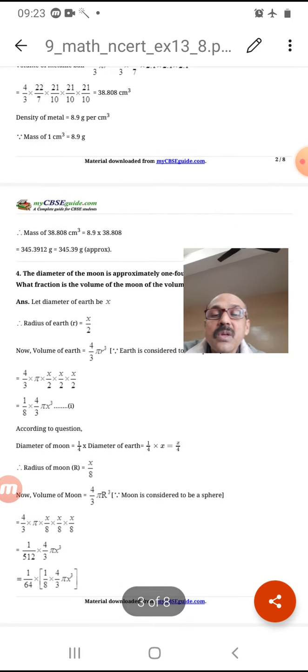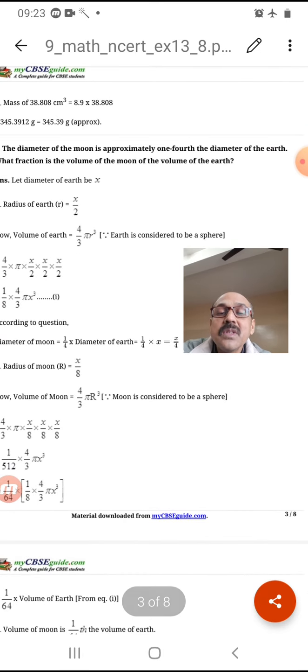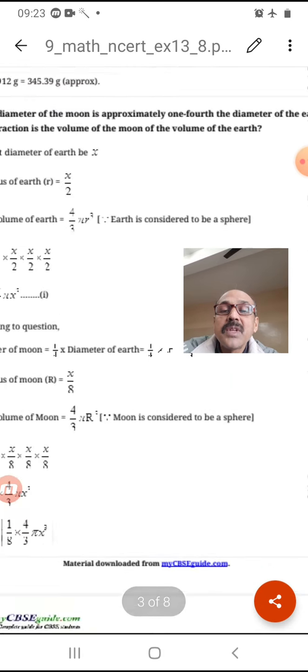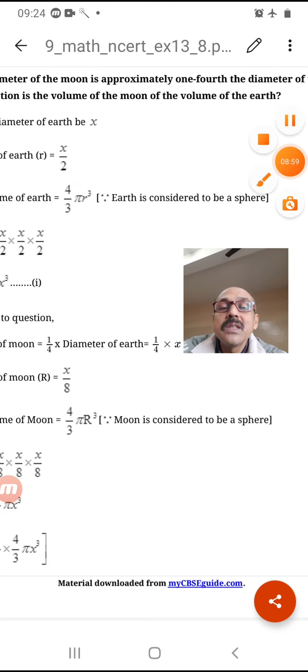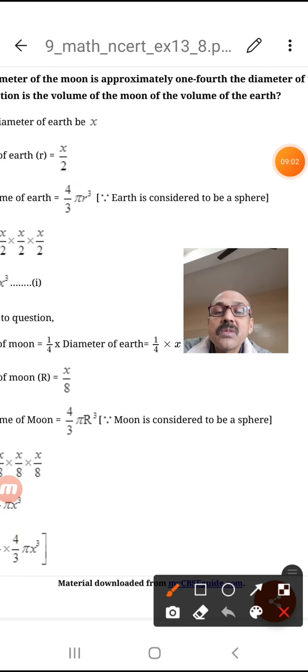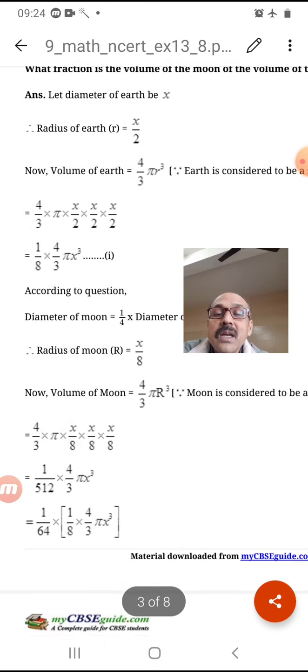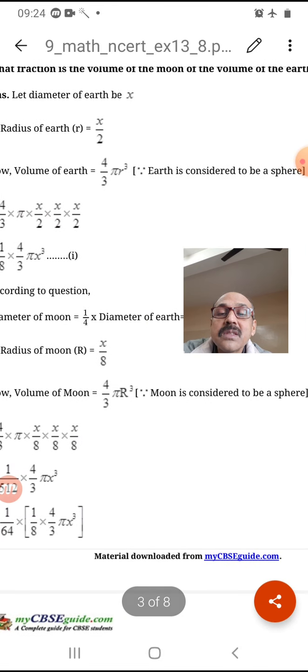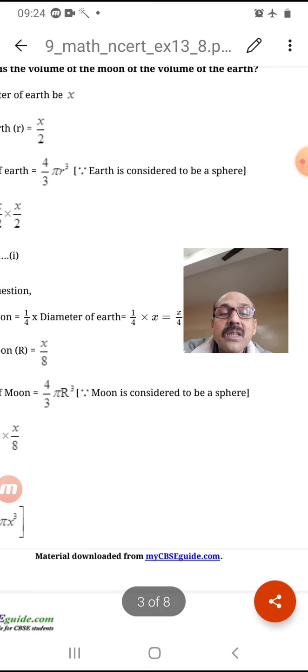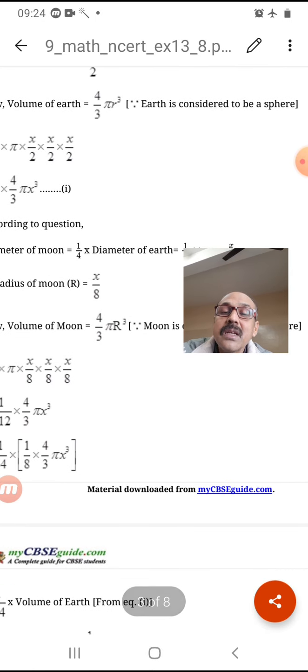Now the diameter of the moon, according to the question, is 1 by 4 the diameter of the earth, and the diameter of the earth is x, so 1 by 4 into x. Now the radius of the moon is x by 8, and the volume of the moon is 4 by 3 pi r cube, the moon considered as a sphere.